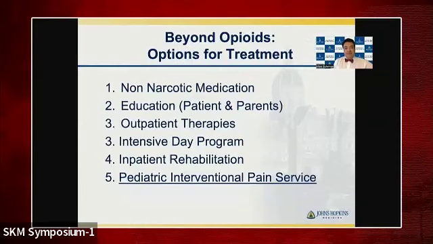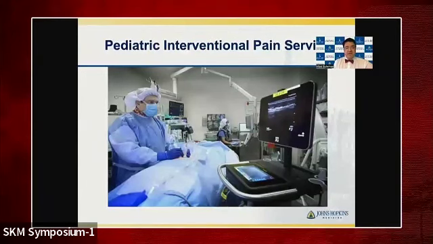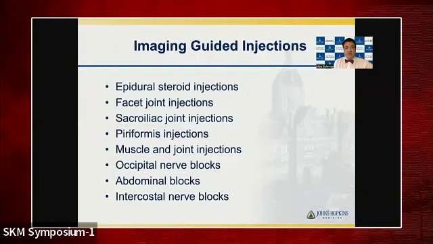The other thing is the pediatric interventional pain service. This is also very unique. When I mention pediatric interventional service to anyone, they ask what kind of injections you do in pediatrics. We do all kinds of injections that adults get, but the reasons are different. In older patients, it's mostly degenerative changes, but in young adults and kids, it is mostly injury, such as sports-related injury.